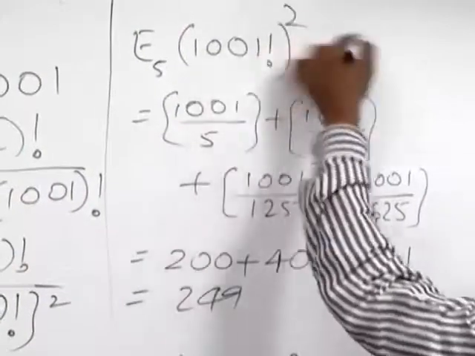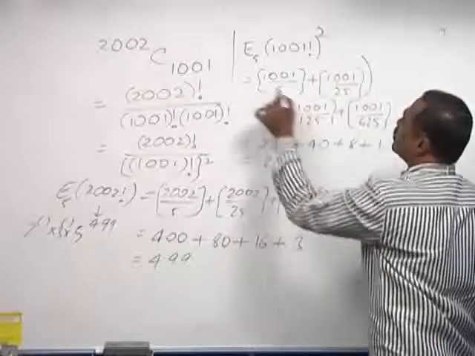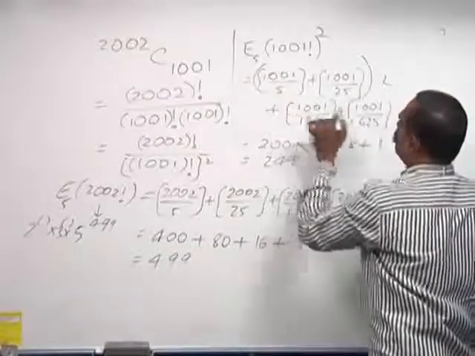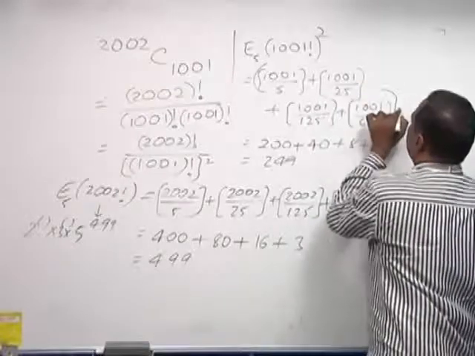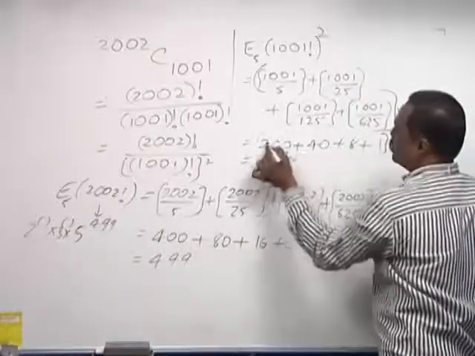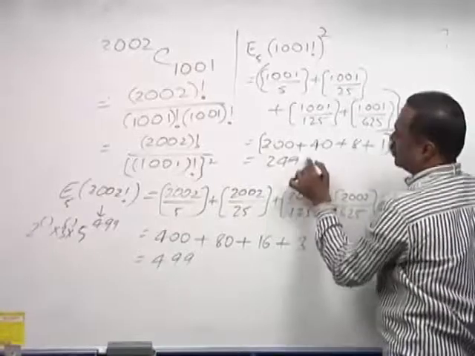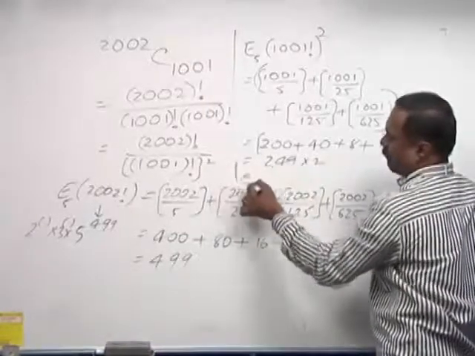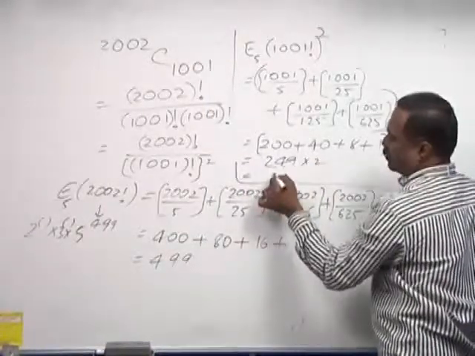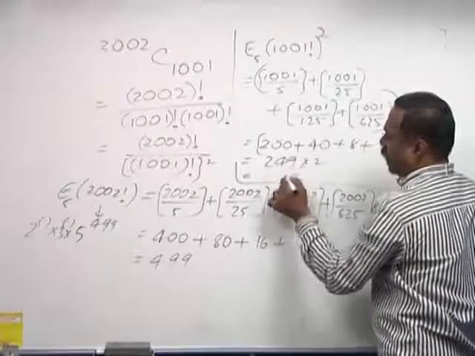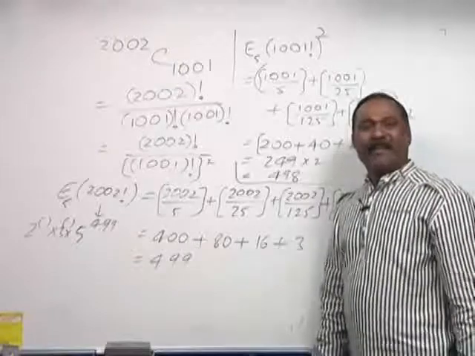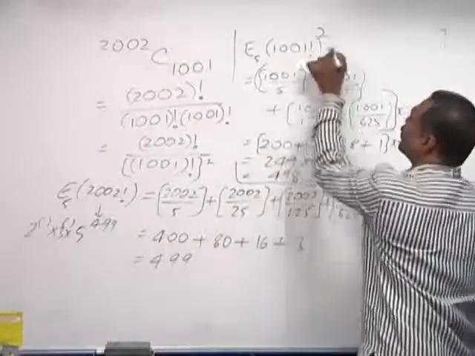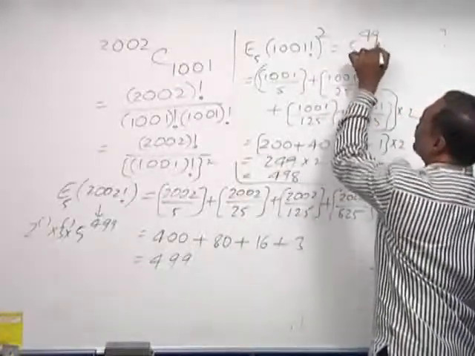Because the square is there, you have to multiply this with 2. How much is it? 498. So the power of 5 in this one is nothing but 5 power 498.